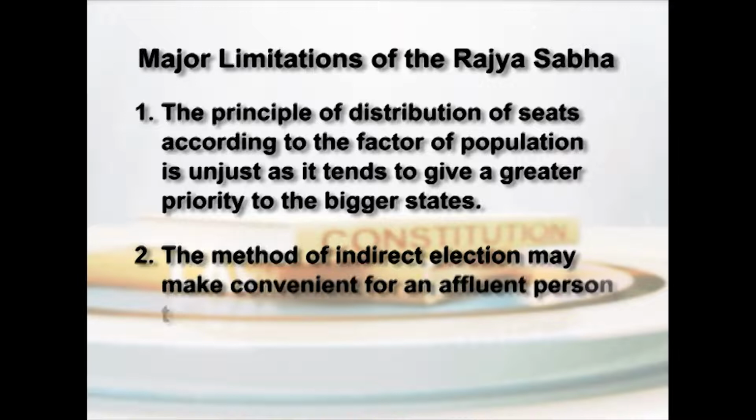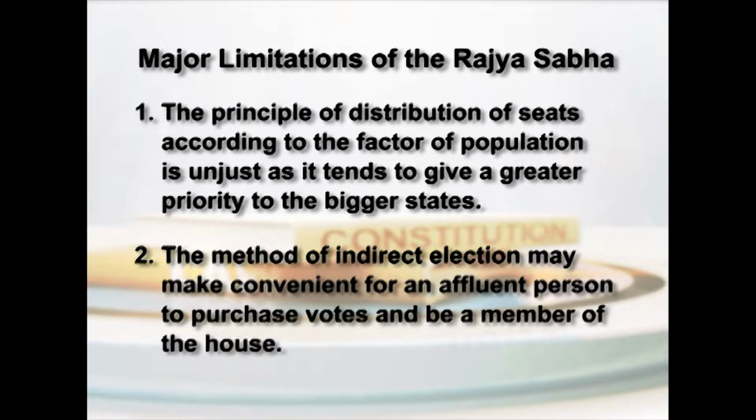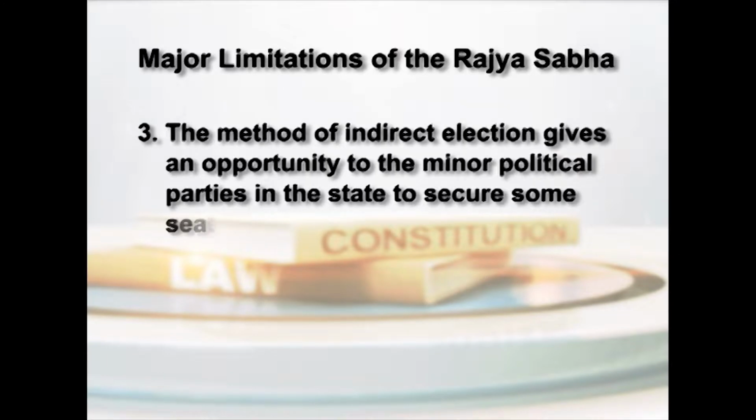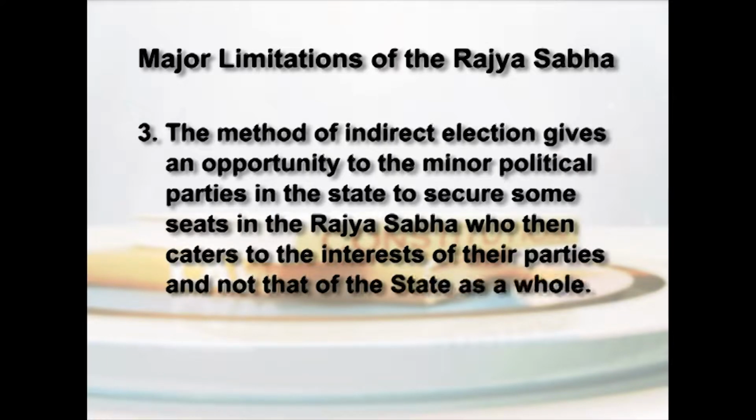Secondly, the method of indirect election may make it convenient for an affluent person to purchase votes and thereby get the privilege of being a member of the House. Thirdly, the method of indirect election gives an opportunity to the minor political parties in the state to secure some seats in the Rajya Sabha.